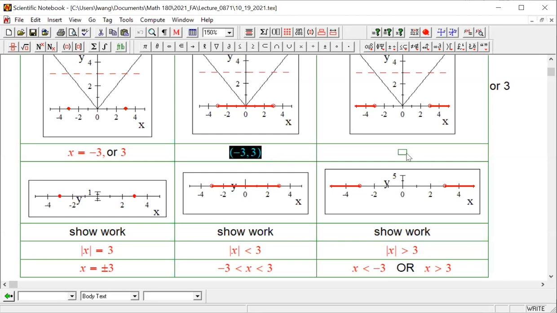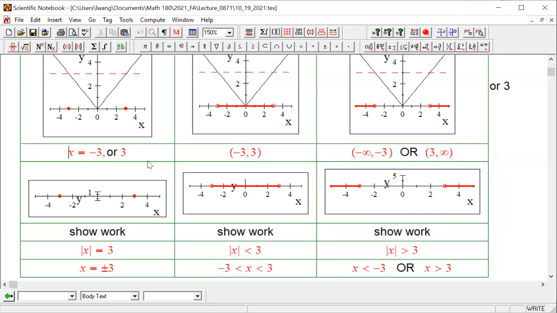And for the next case, the student typically will give us the answer negative infinity to negative 3, or, and some people even use union, I will use or and union, the same thing, right? Or 3 to infinity.